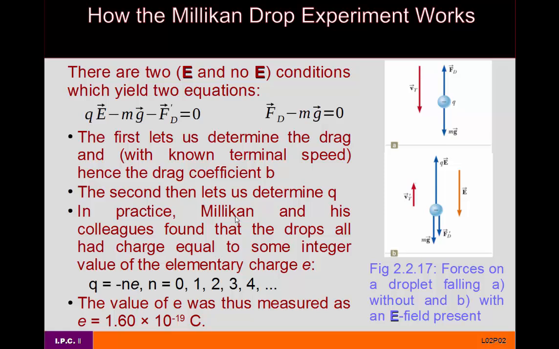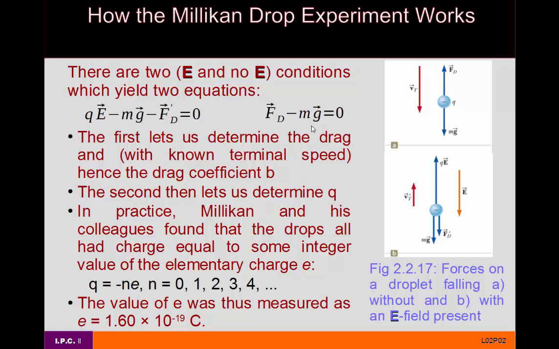Then he's able to determine the charge Q, which is placed on the droplet itself. So Q is the charge on the droplet, E is the electric field between the two plates, this is the force of gravity, this is the drag force. This is what happens when there is an electric field present. The drag force is downward because the particle is actually moving upward.